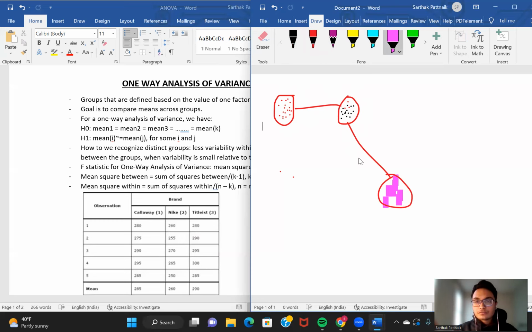So this is one of the examples of one-way analysis of variance where we try and identify different groups.